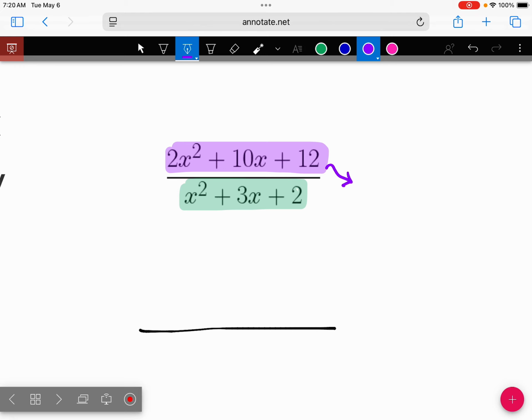The very first step whenever we factor should always be to check for a GCF. So we do that one first. So is there a GCF on the purple part? Yeah, of 2. Because I need to take that 2 out.